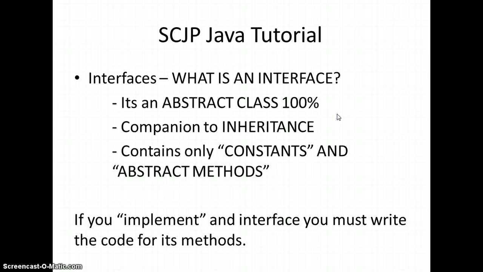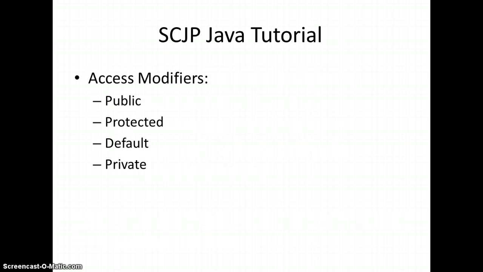Anytime you implement an interface, you have to write the code for those methods. You'll also hear people mention a concrete class, which is the class that writes the methods from this interface. But we'll get to that. Don't get confused right now.